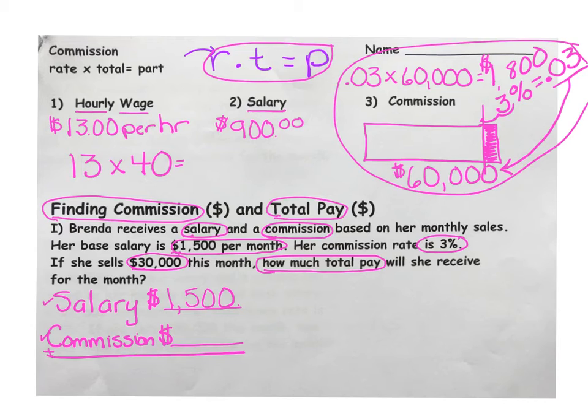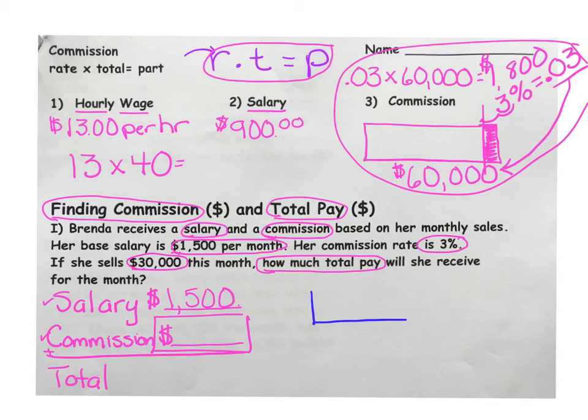Well, as soon as we find out what the commission dollars would be, we can add them to her salary to find her total pay. But first, we have to find her commission dollars. Let's work at the right.